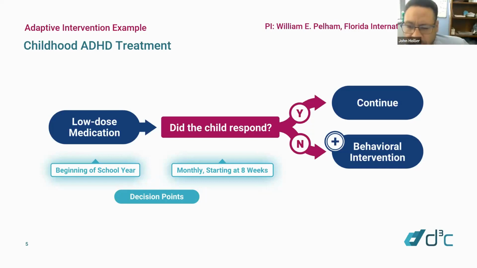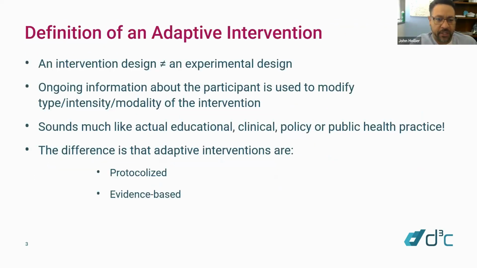You were hitting on this point earlier: if you have non-response and you have a behavioral intervention option you go to, and that behavioral intervention can have various levels of intensity depending on the level of non-responsiveness, can you, depending on the level of response, even after that, add another level of behavioral intervention to address that again? I don't know if that's SMART or is this just a continuation of the adaptive intervention?